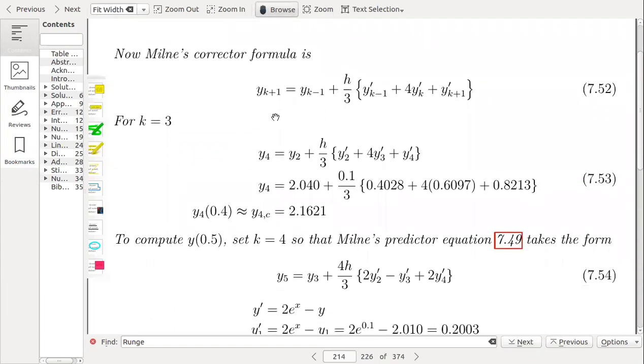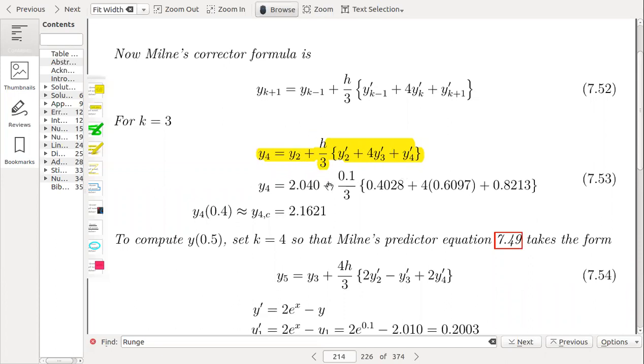Now Milne's corrector formula can be written as y(k+1) equal to y(k-1) plus h by 3 into y prime(k-1) plus 4 y prime k plus y prime(k+1). For k equal to 3, this formula can be written as y4 equal to y2 plus h by 3 into y2 prime plus 4 y3 prime plus y4 prime.